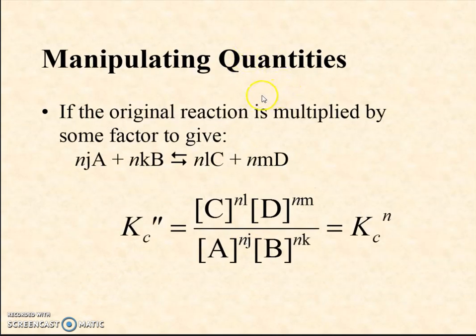If we manipulate the quantities of the reaction, we could multiply all the coefficients by an integer or a fraction, and mathematically the impact there is it simply changes k to the power of that impact on the coefficient.